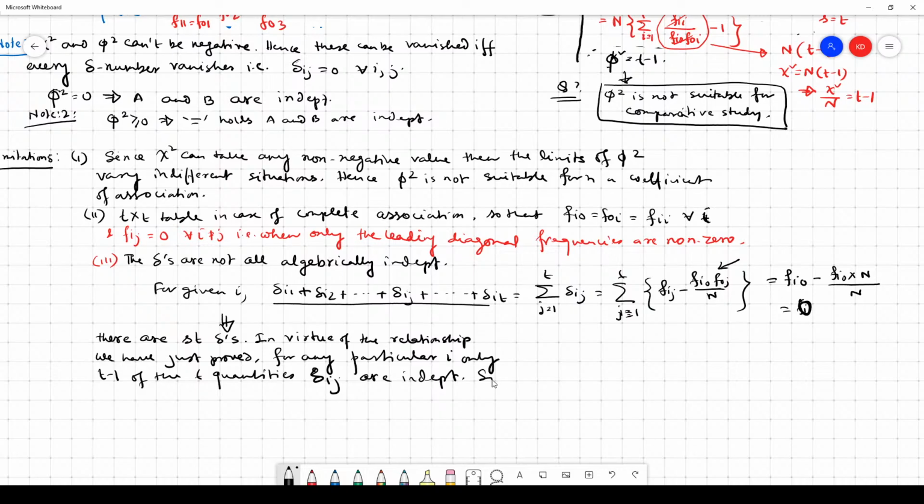Similarly, for any j, same process, you can show that for given j, only s minus 1 are independent.